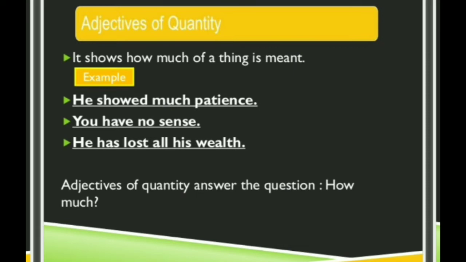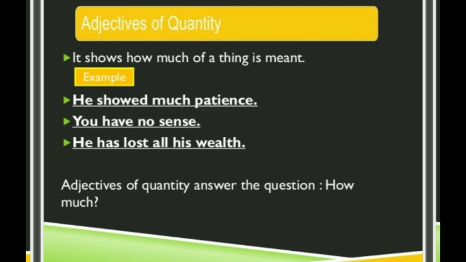He has lost all his wealth. Over here the quantity is all. How much wealth did he lose? All. So all can also be an adjective of quantity. Okay, students, a very simple tip: if you want to identify an adjective of quantity, you can ask the question how much to the sentence. For the second sentence, you have no sense: you have how much sense, if I ask?